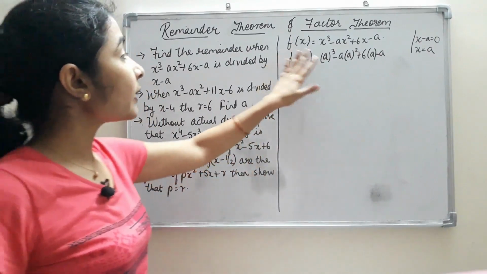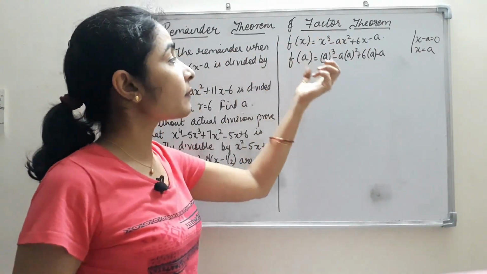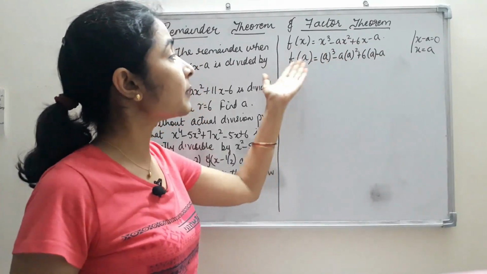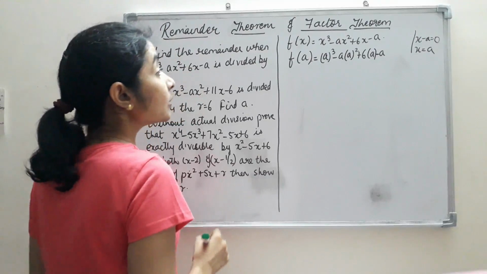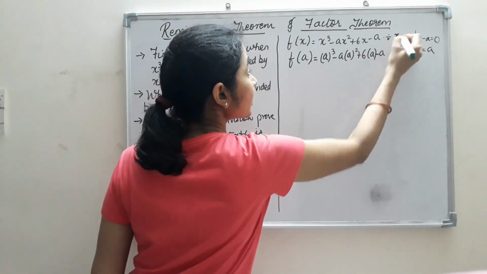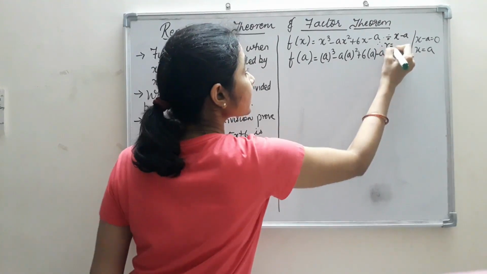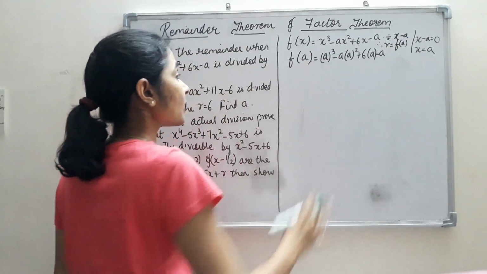You can also write the statement here that when f(x) is this and it is being divided by x minus a, therefore remainder is equal to f(a). Then we can start with it.